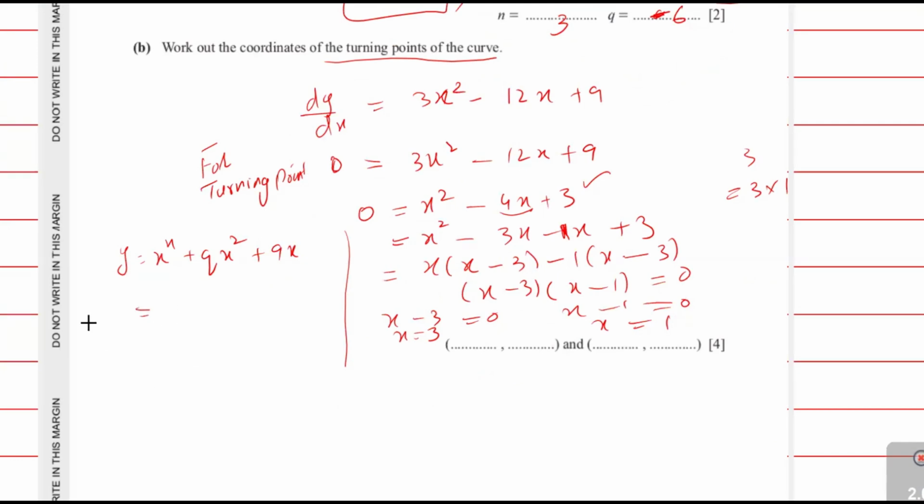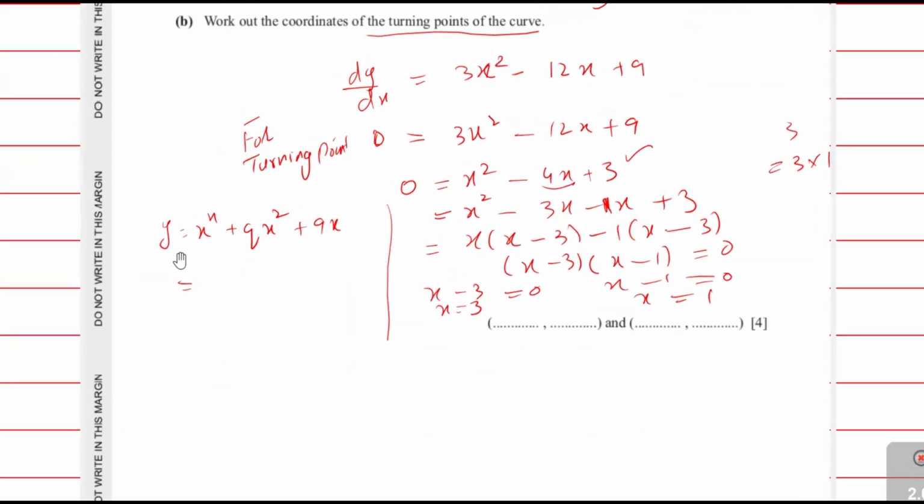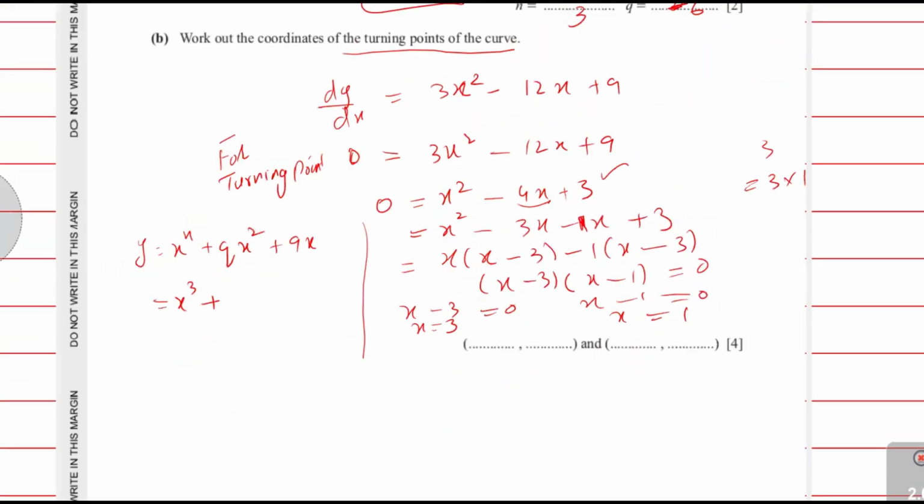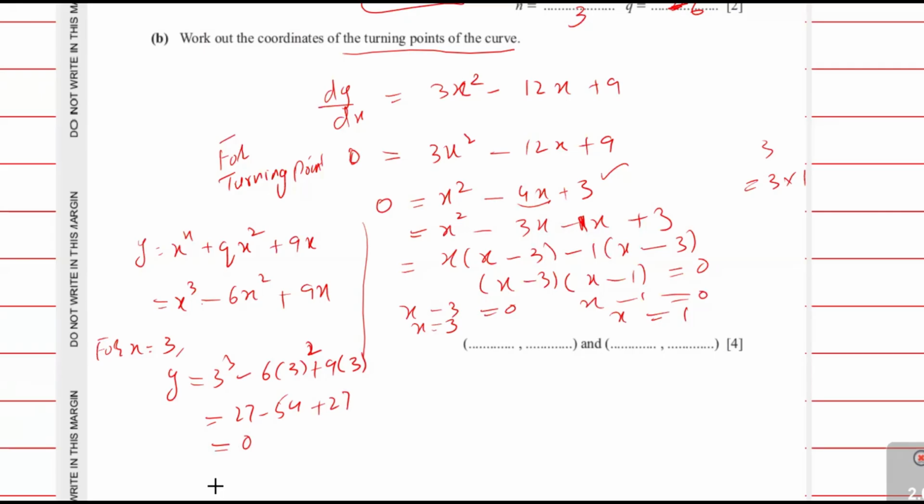Here n is 3. We write x power 3 plus q, look here, q is minus 6, so we write minus 6 x square plus 9x. For x equals 3, this equation becomes y equals 3 cube minus 6 into 3 square plus 9 into 3, and this value 27 minus 54 plus 27 will be equal to 0.